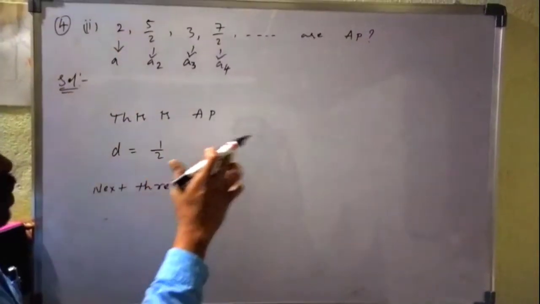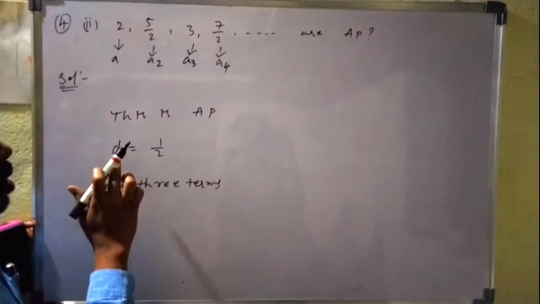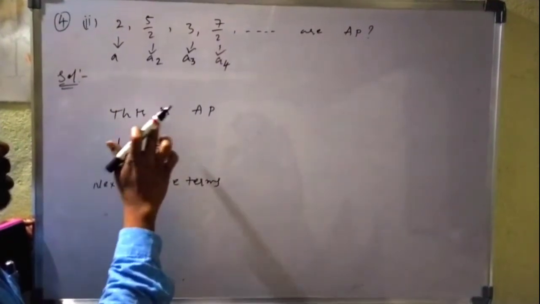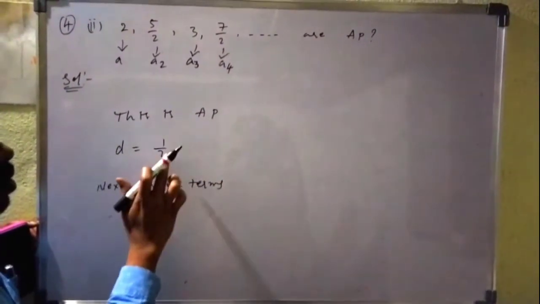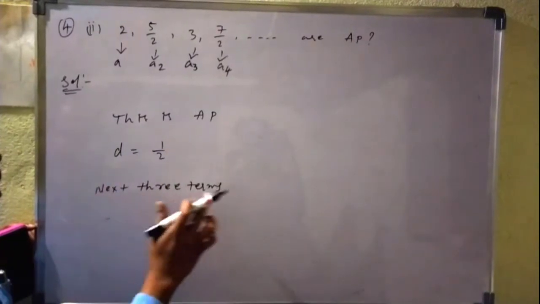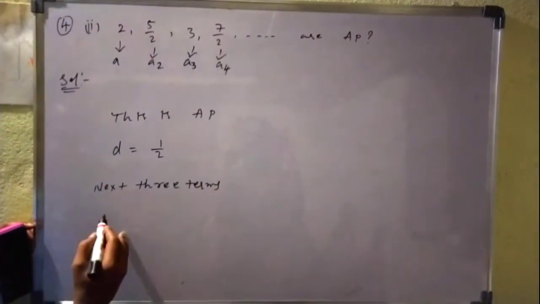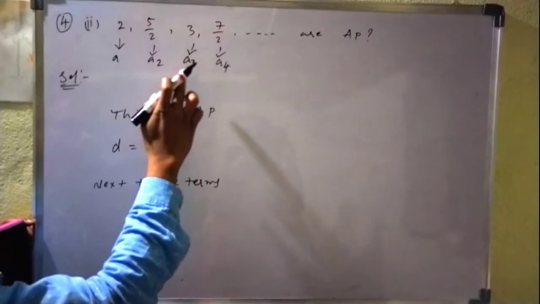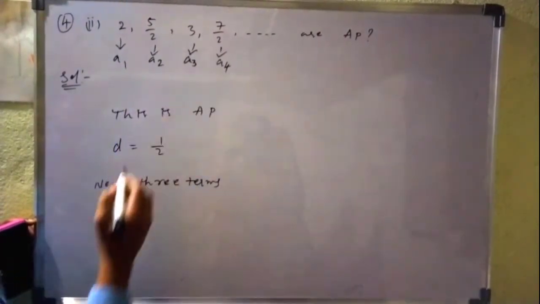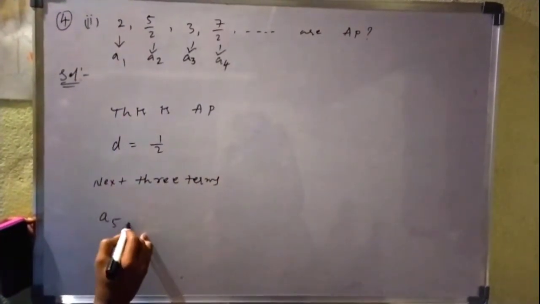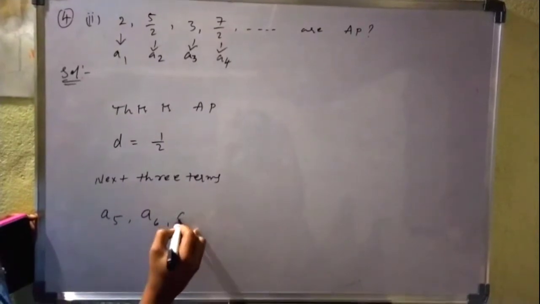Since the common difference is equal, this is an arithmetic progression, d is equal to 1/2. And the next 3 terms: here is a1, a2, a3, a4. Now the next 3 terms are a5, a6 and a7.